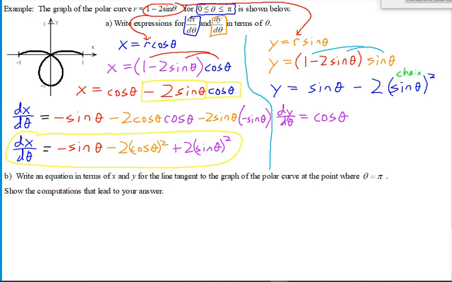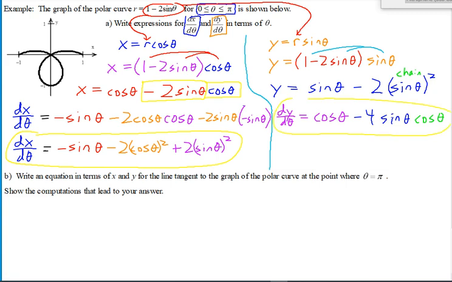Bring down the 2 times the negative 2, gives you negative 4 sine of theta, and then times the derivative of sine, which is cosine of theta. That one really can't be simplified any further, so let's just leave it like that.